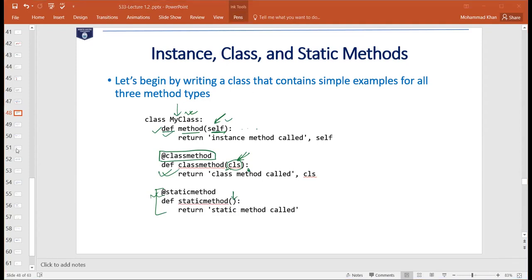Okay. And if you annotate the methods with appropriate names, it becomes easier for future modification. So whenever you see the method, you understand that this is a static method or this is a class method. So even before checking the code, we know what it can do. So it's a good practice.